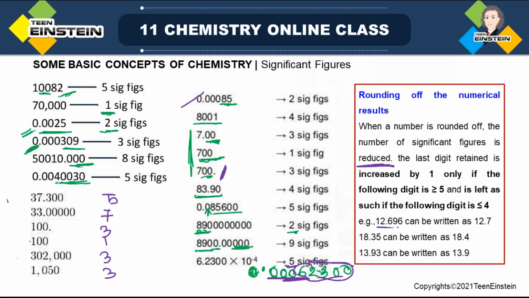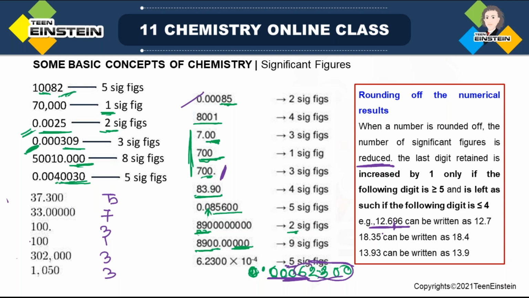Now these are the actual results, 12.696. But after 12, there will be only one digit. So we have to reduce these numbers. Now how to do so? The last digit that is retained, that means the position 6 after 12, that part is retained. Now after 6 we have the number 9.